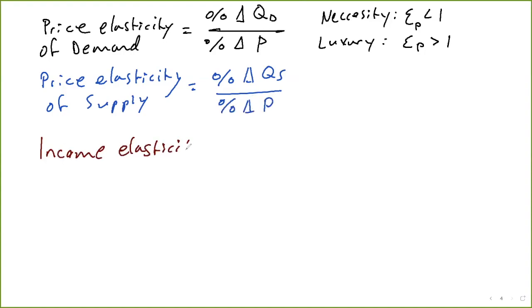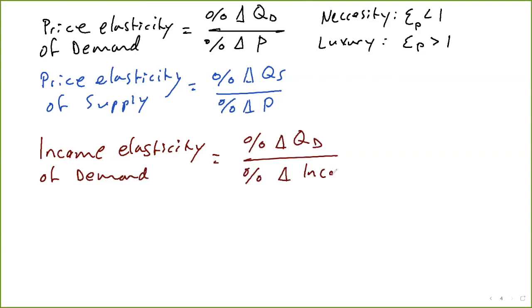And then we have income elasticity of demand, which is the percentage change in quantity demanded with respect to a percentage change in income. And a rule of thumb is that normal goods tend to have positive income elasticities and inferior goods have negative income elasticities.